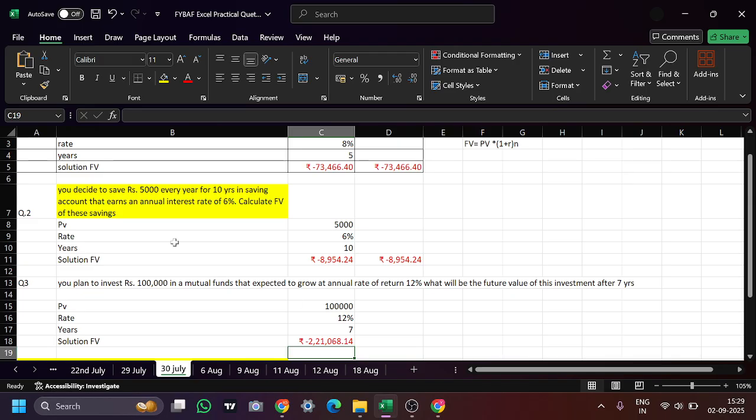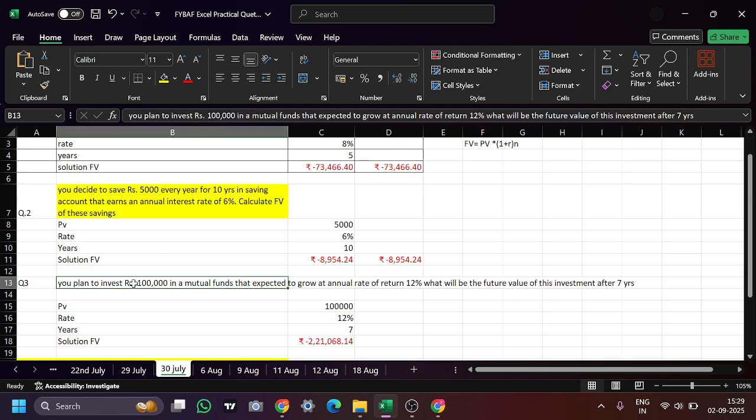Next question: you plan to invest 1 lakh in mutual funds that are expected to grow at an annual rate of return. The rate of return R is given as 12%, and the number of years is given as 7 years. The present value is given as 1 lakh.